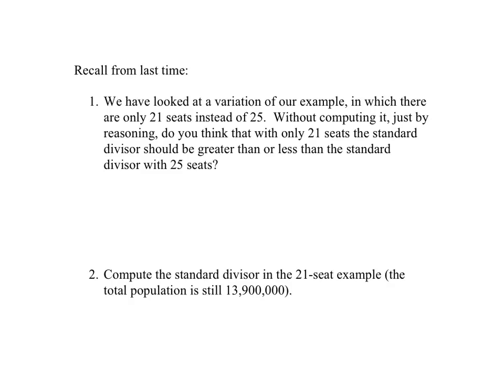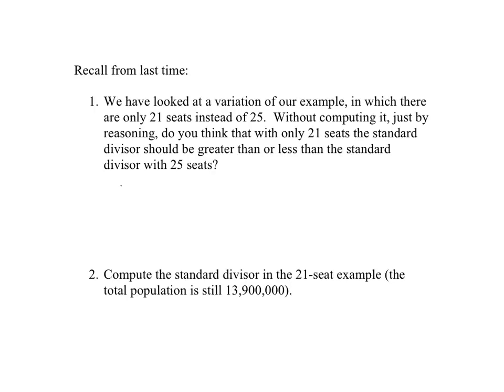Last time we ended by looking at a variation of our recurring example in which there are 21 seats in the New England legislature instead of 25. And we're getting used to this new idea of standard divisor. So the first question was, without computing the new standard divisor based on 21 seats, do we think that it should be greater than the standard divisor with 25 seats or less than the standard divisor with 25 seats?